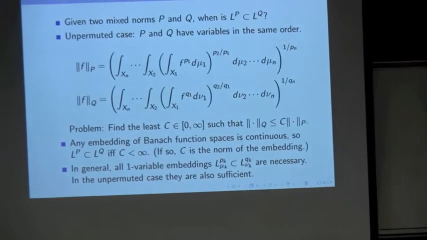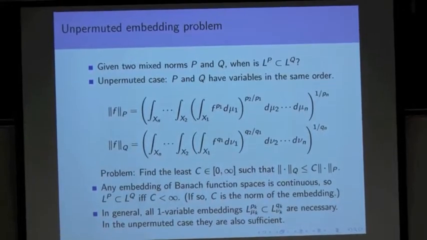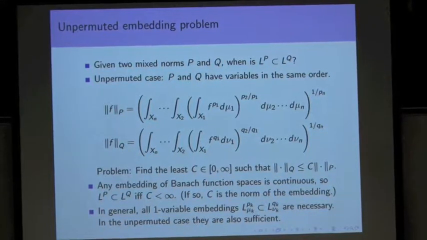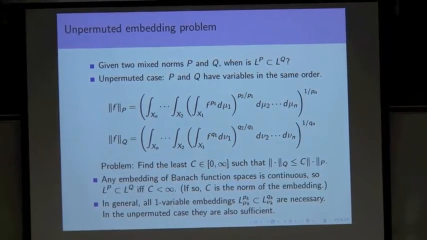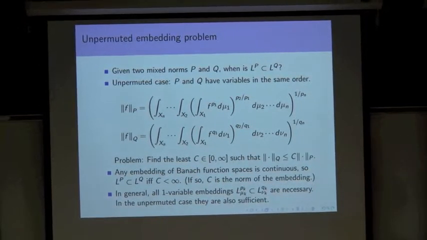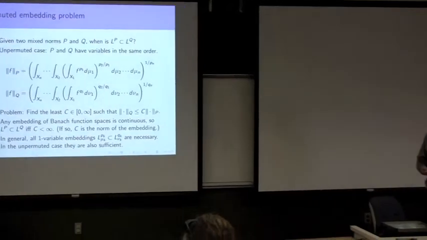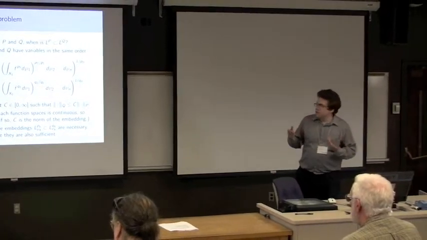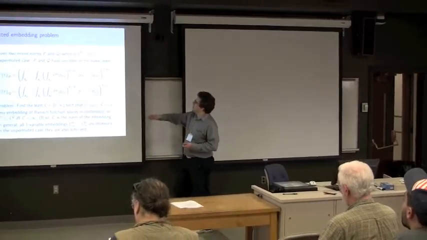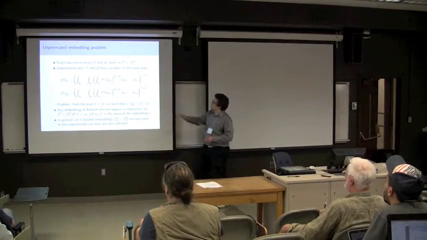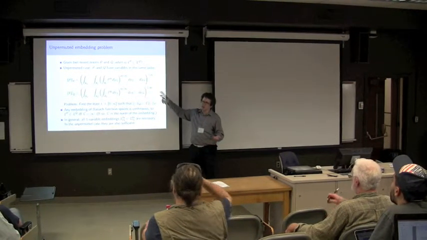So here's the sort of question we're looking at. Here's the simplest case, what I call the unpermuted case. Suppose you have two mixed norms that you describe by these uppercase P and uppercase Q, which have different exponents, p1 to pn, q1 to qn. Also you notice that we can have different measures as well.